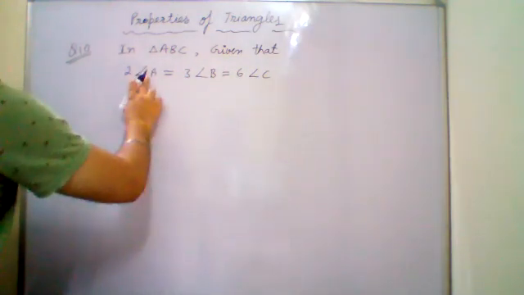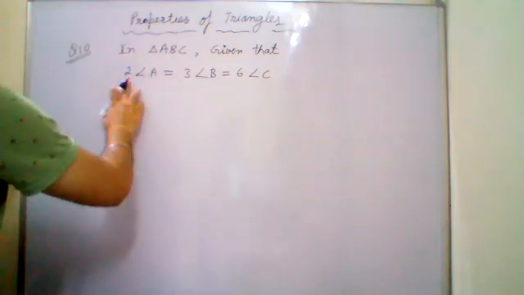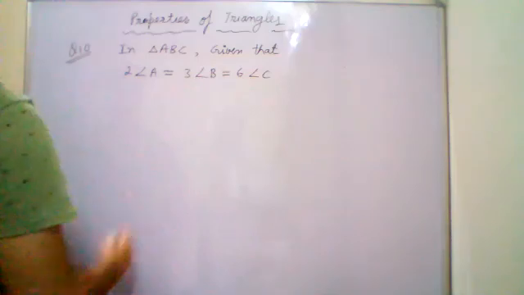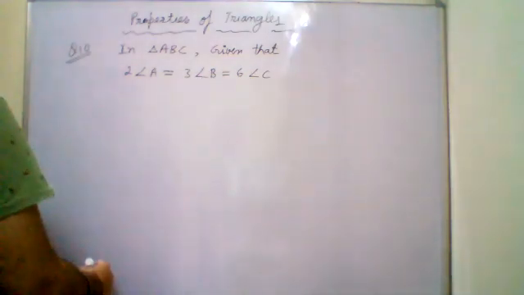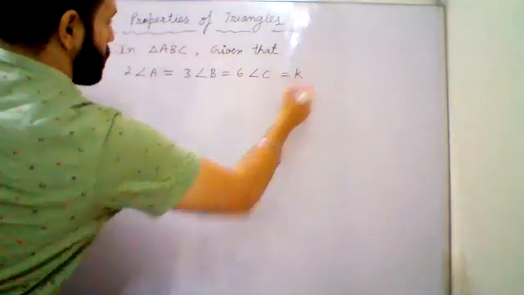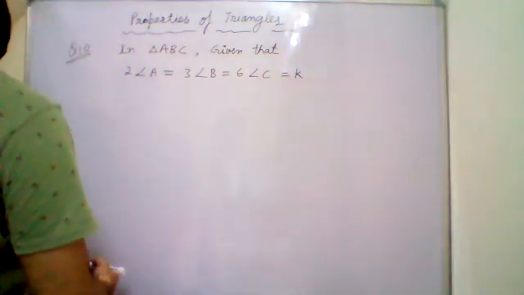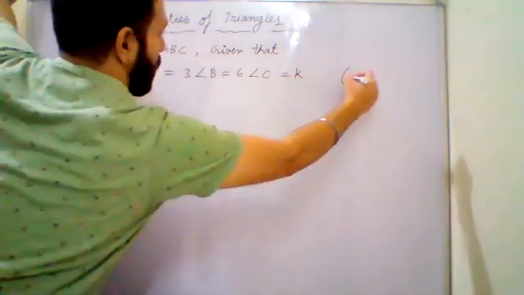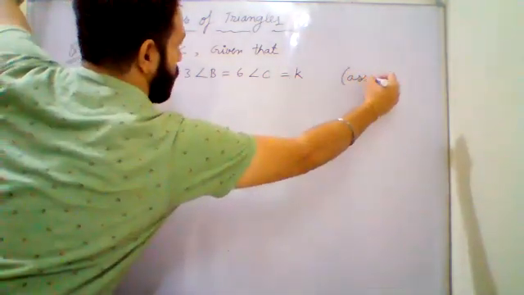That means 2 angle A is equal to 3 angle B, and 2 angle A is equal to 6 angle C also. All the three are equal to each other. So now let us assume that all the three are equal to K. This is a trick you have to use in the question. Put all the three equal to K, and in the bracket you can say assume.